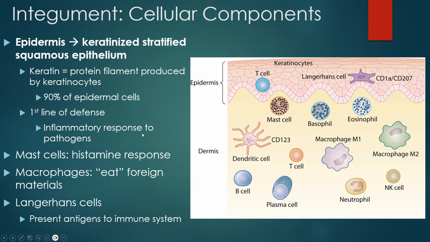So that's one of the reasons why you can get an inflammatory response in your skin to pathogens. It can get red, vasodilated. Same thing with stuff like sunburn. You know, we get an immune response in the skin because we're damaging the cells there. There are other cells such as mast cells, macrophages, those are involved in specific immune responses.